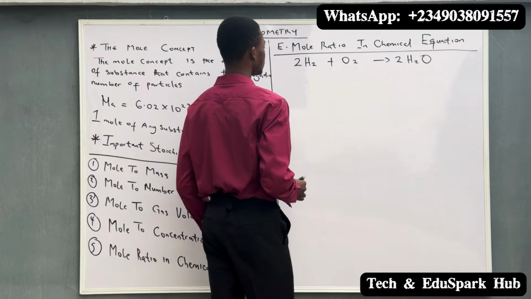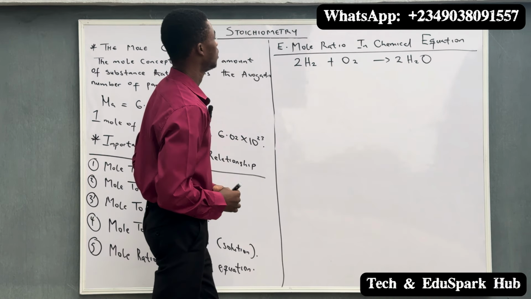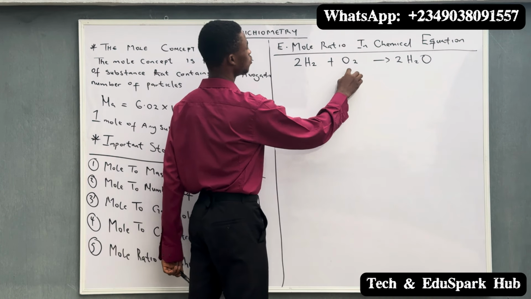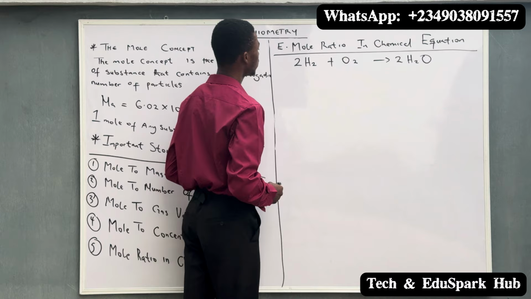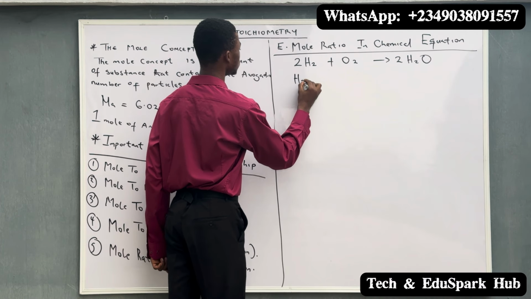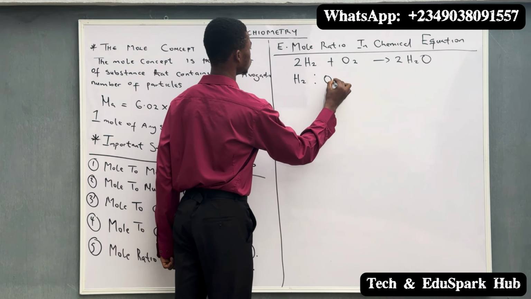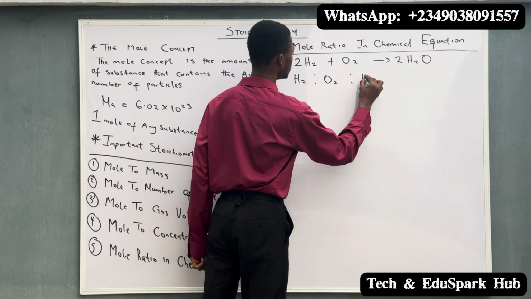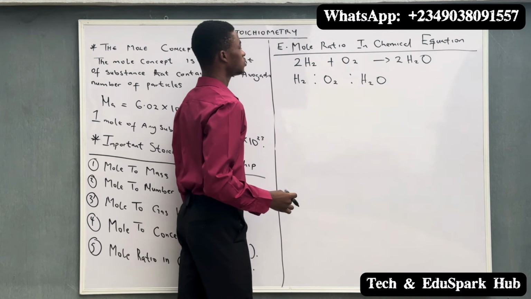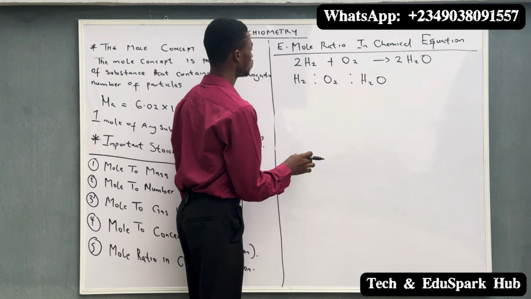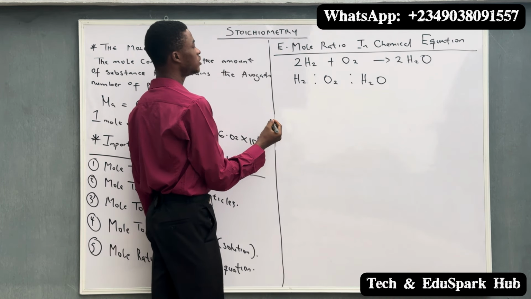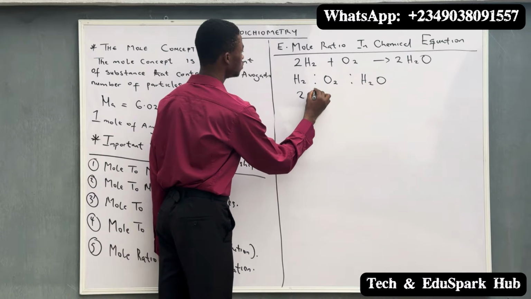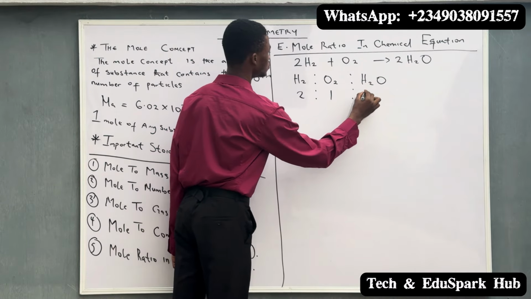Let's write out the molecules we are working with: H2, O2, H2O. So H2 reacts with O2 to give H2O. The mole ratio in this case is 2 : 1 : 2.